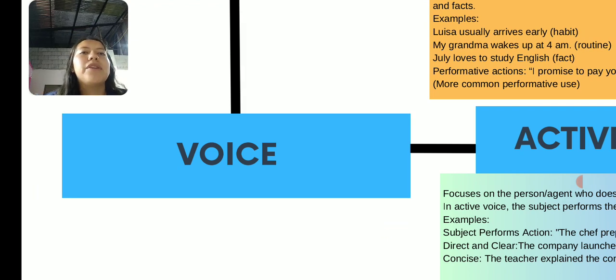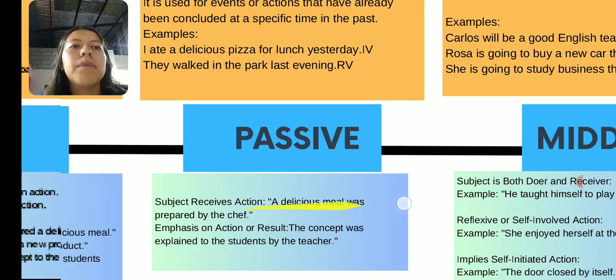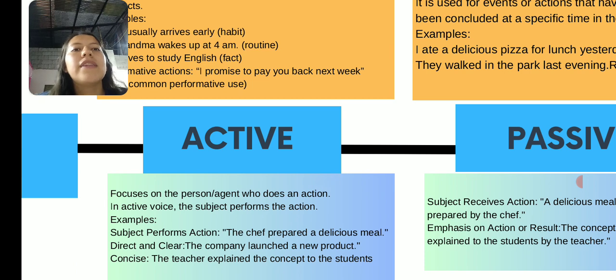Okay, another important grammatical device is the voice. In voice we have different types: active voice, passive voice, and middle voice. The voice refers to the different constructions available for presenting an event or state from different perspectives.